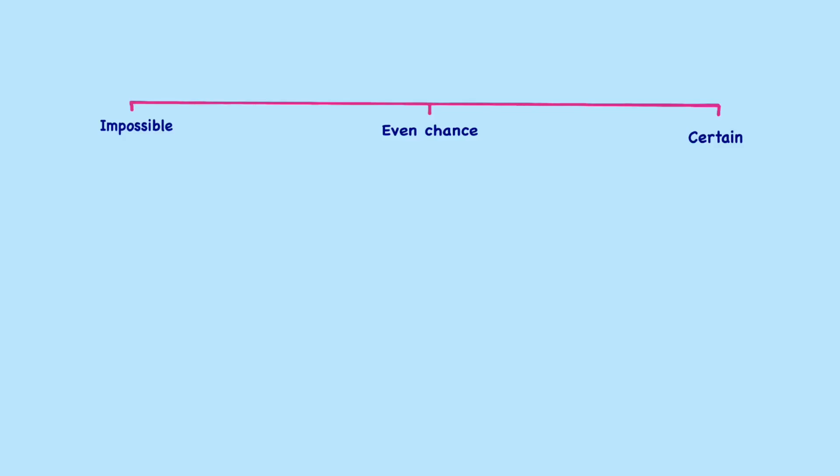Let's look at 3 different outcomes. If something has an even chance of happening, we would write it as 50% as a percentage, a half as a fraction, and 0.5 as a decimal. If something was certain, it would be 100% as a percentage, as a fraction it would be 1, and as a decimal it would also be 1.